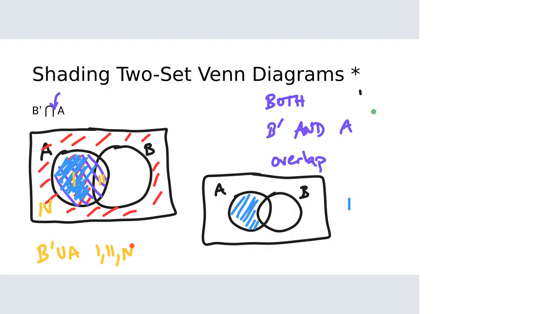Instead, we were finding the intersection of B complement and A. And so we need where they overlap, which is only region 1. So union would have been 1, 2, 4. Intersection, where they overlap, is only region 1. Let me know if you have any questions on what we did there before we take this up a notch.